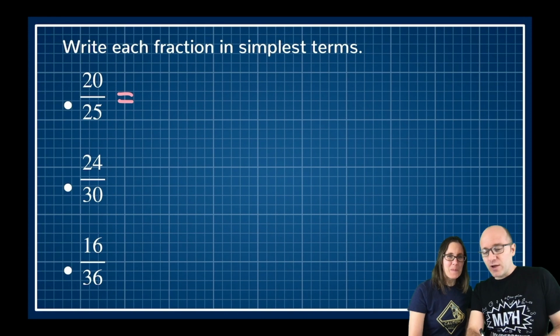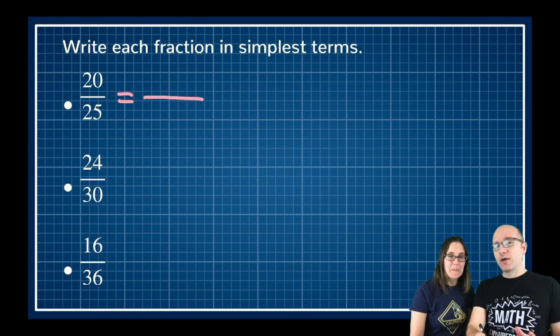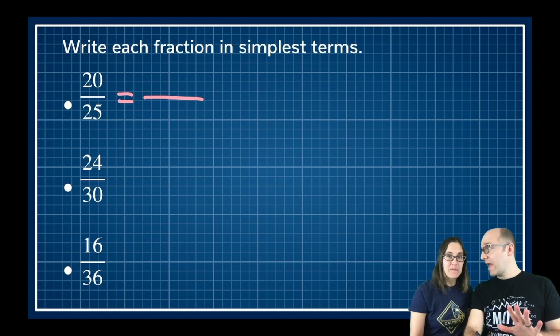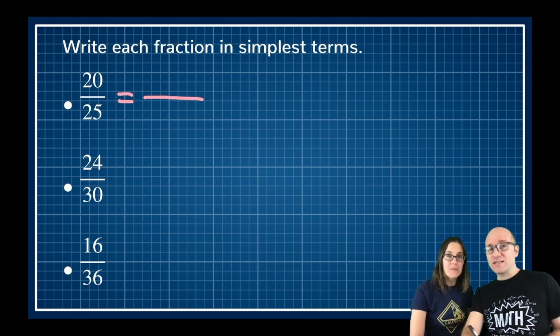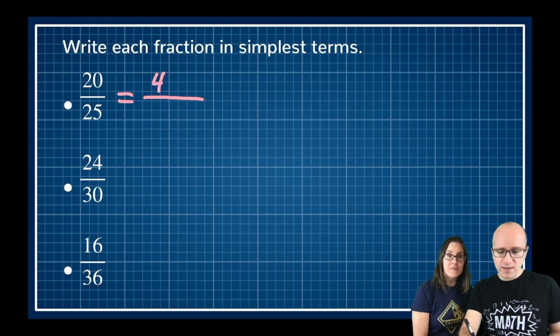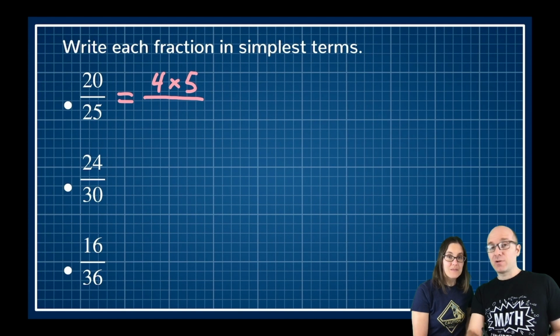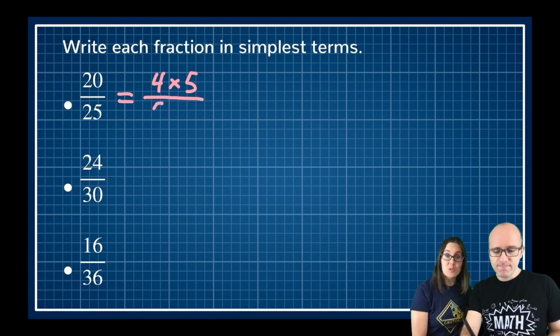All right, so we're gonna do that trick where we're gonna rewrite 20 by finding a factor pair, and then we're going to glue the slices together. So 20, what 2 numbers go into 20? 4 times 5 equals 20. 4 times 5, I like it. What about 25? 5 times 5 equals 25.